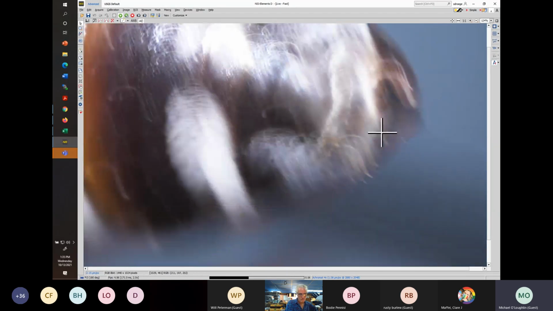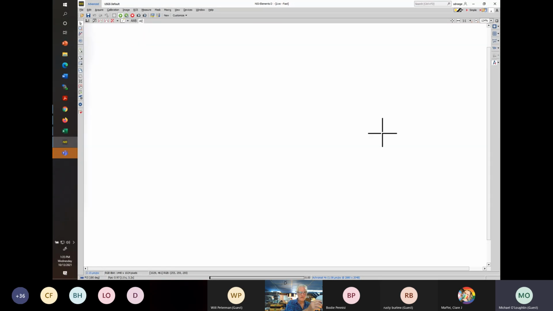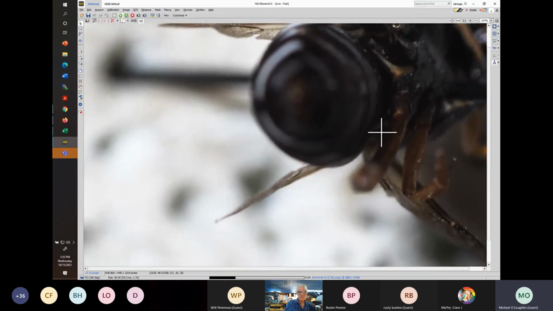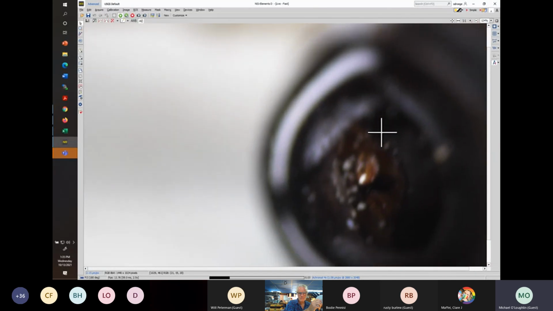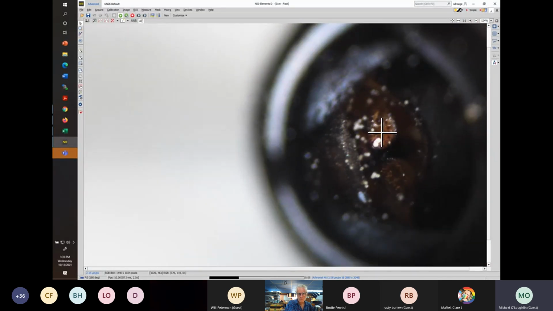I'm going to bend this over a little bit more so we can hopefully see it better. And let's go in. See if this helps at all. A little bit. So this is a little bit different view. So here's the tip of the nest cutter coming out, expanding out, not a whole lot, but it's more like a spoon.